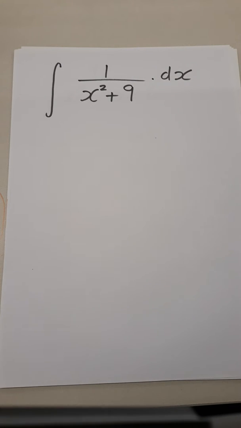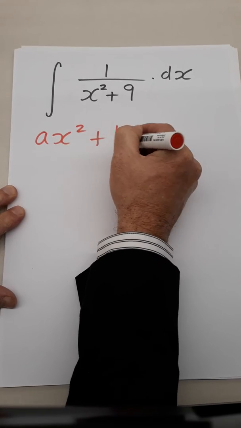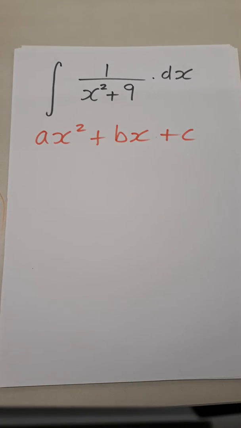Well, we don't have a middle term in a quadratic, like in terms of ax squared plus bx plus c, the standard type of quadratic that you might encounter. In this case, there's no b term. It's just x squared plus 9. So that's one way you could think about it. There's no b term.